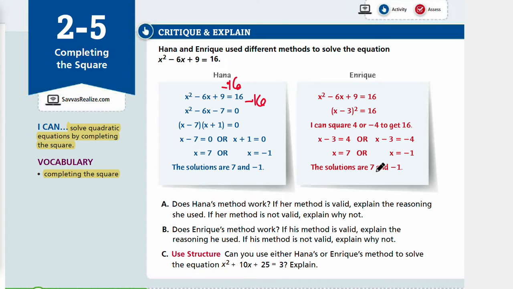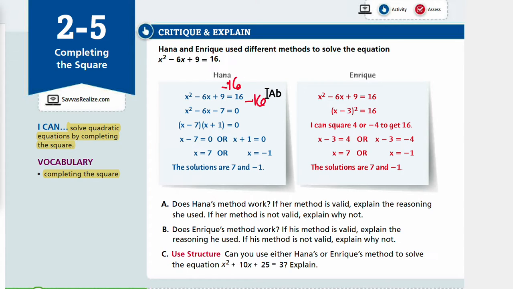So let's think about this. Does Hannah's method work? Yeah, we looked at it, and we've been using this method ever since, right? If her method is valid, explain the reasoning she used. If her method is not valid, explain why not. So how can we validate her work?